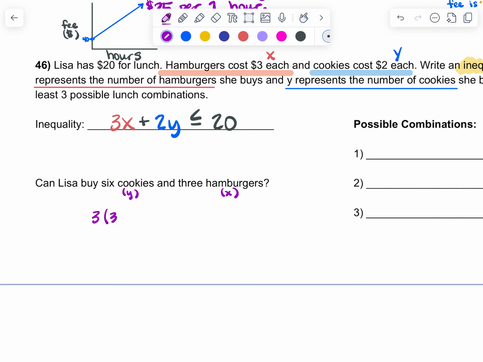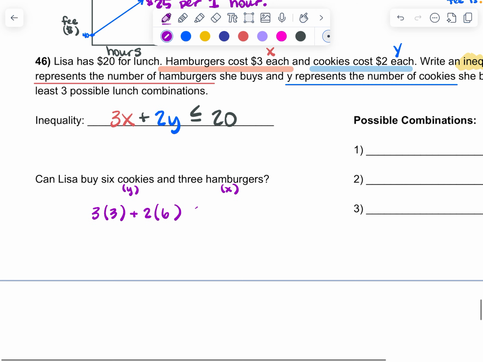So here we go. 3 hamburgers. 3 times 3 plus 2 times 6, right? Because it's $3 per burger and $2 per cookie. Would that be less than or equal to $20, right? That's what this is asking us.